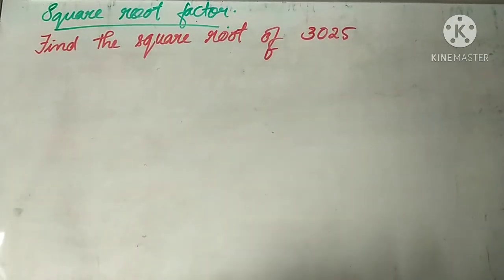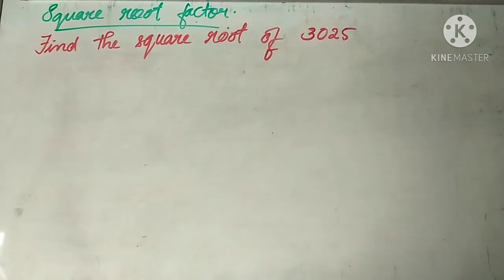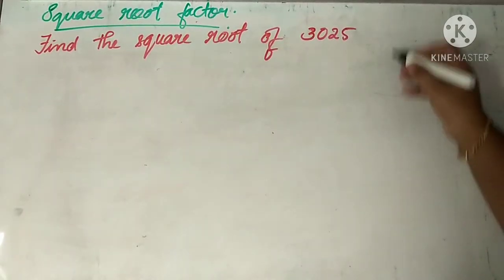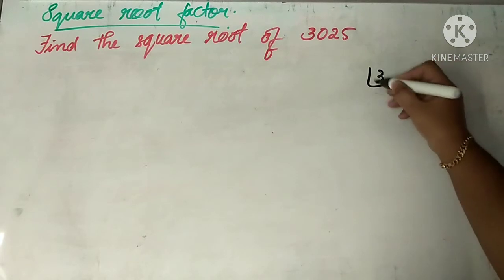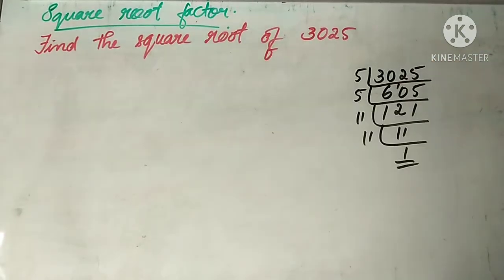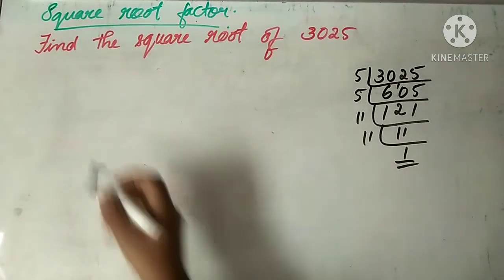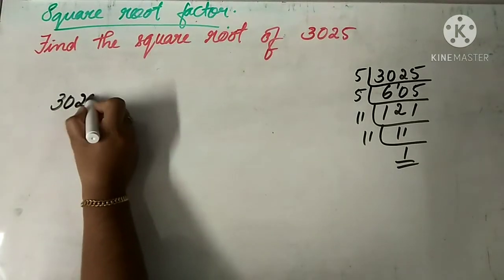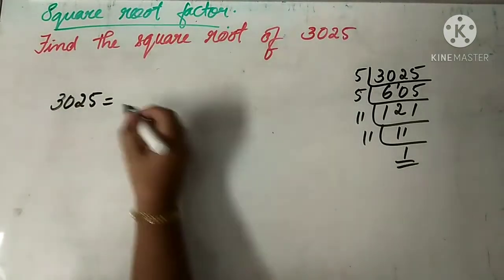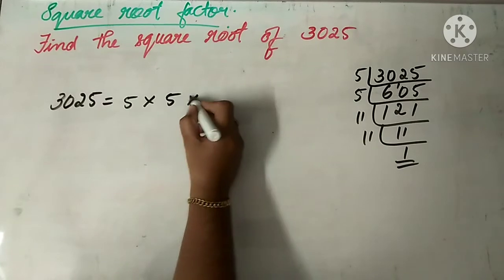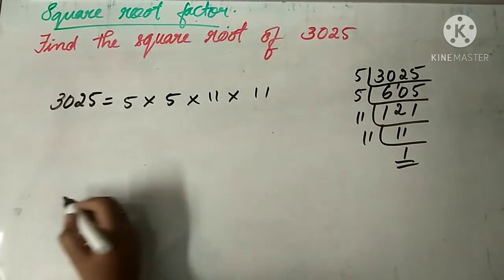Next question, find the square root of 3025. To find the square root, first we have to factorize this number. When we factorize 3025, we get like this. So 3025, we can write it as 5 into 5 into 11 into 11.